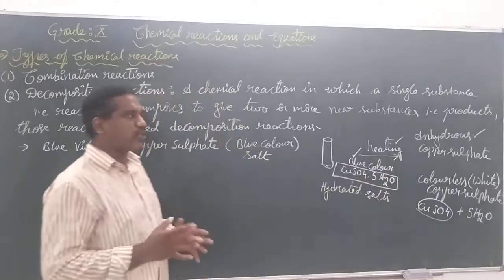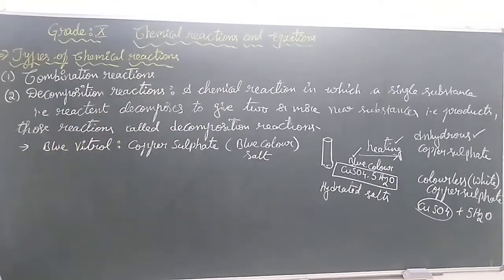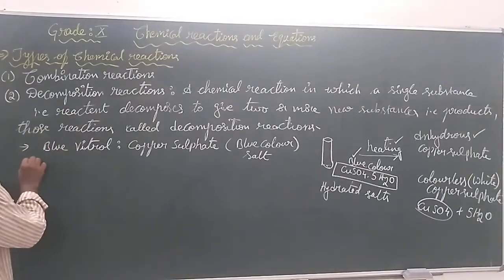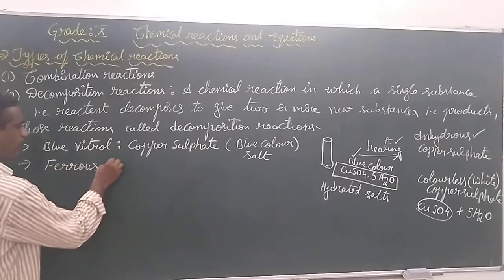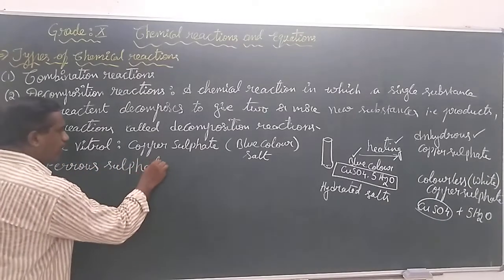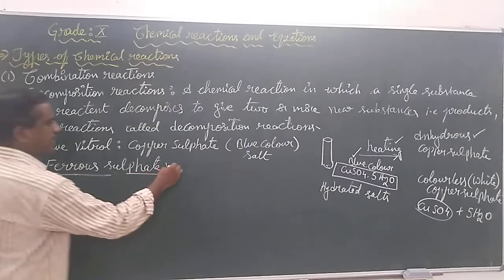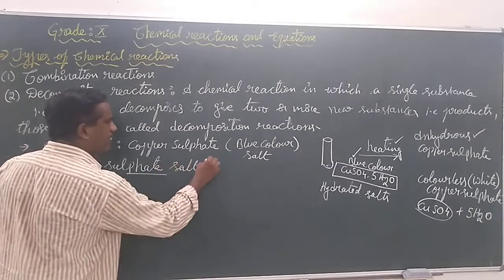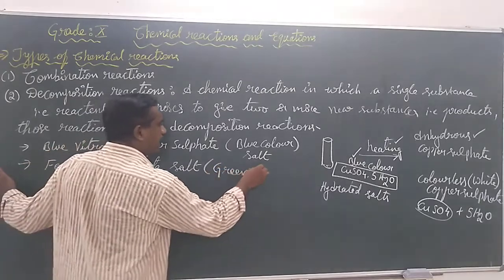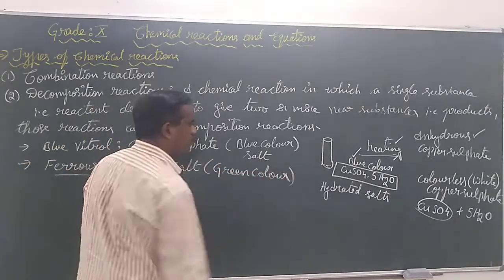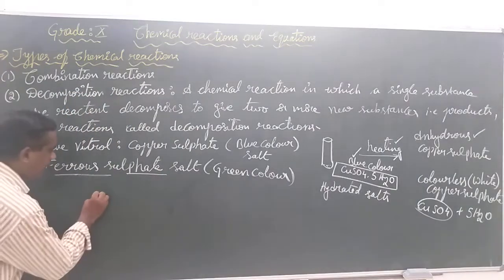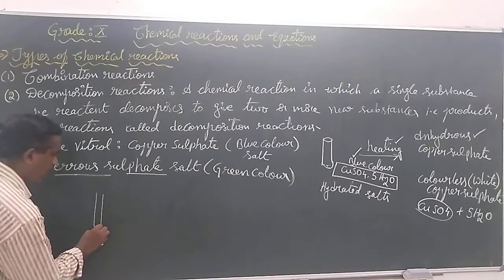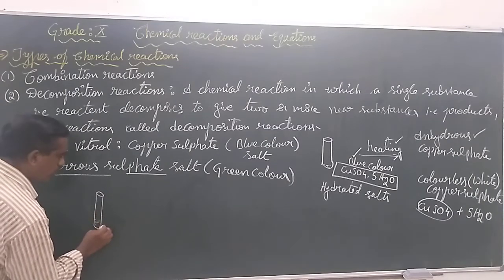Let us take our actual example. We are taking the second example, example number 2, ferrous sulfate. What is the example we have chosen now? Ferrous sulfate salt. This ferrous sulfate salt generally appears green in color. What is the color of ferrous sulfate? Green. Now we take this green colored ferrous sulfate salt in a boiling tube.